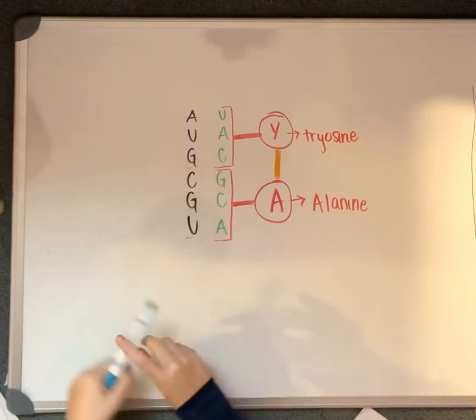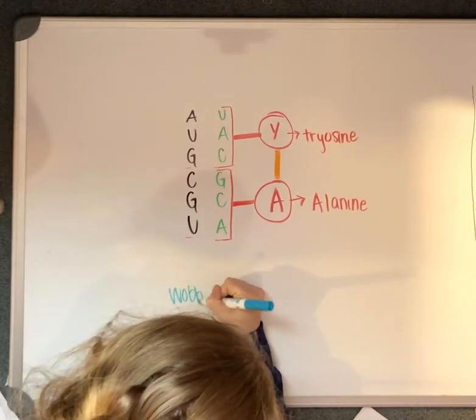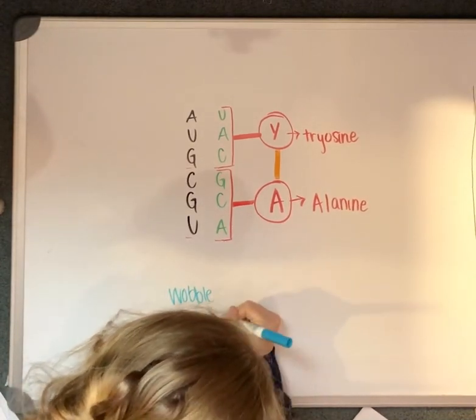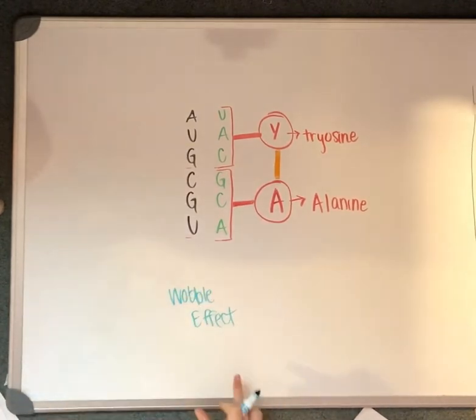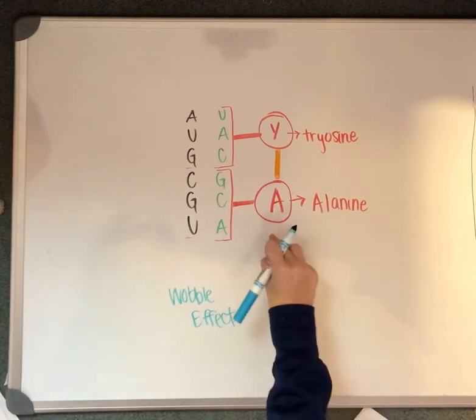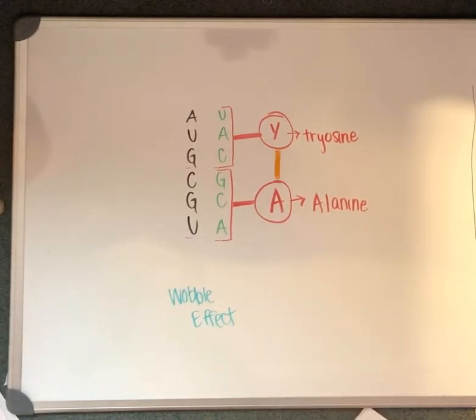But because of the Wobble effect, you can have multiple tRNA strands that connect with the same thing that would get you the same tyrosine and alanine bond.